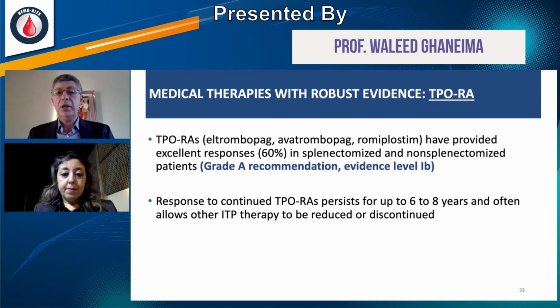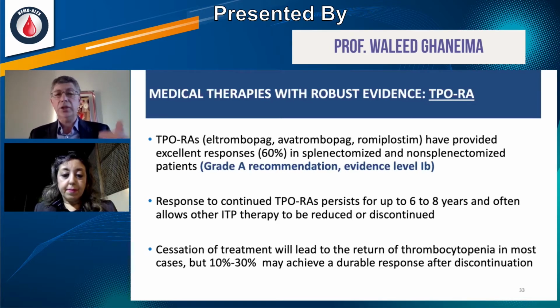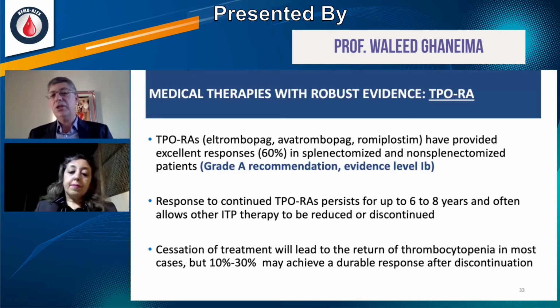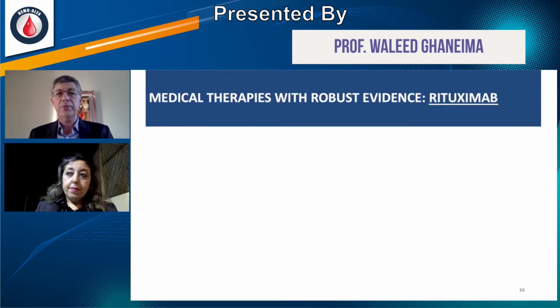Usually response continues on TPO for 6 to 8 years. We know that as long as treatment is ongoing, they don't lose response. Sometimes we can discontinue TPOs or decrease the dose, and some of the patients, 10 to 30%, will achieve durable response after discontinuation.